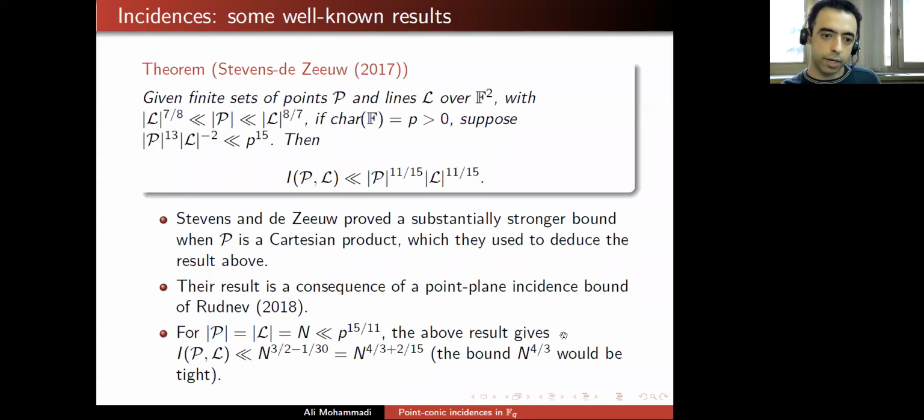And there are a serious number of applications for such a result. So it's very desirable to improve this. Also, the point-plane incidence bound of Rudnev. It was as part of this project that we realized this point-plane incidence bound of Rudnev also works best around where the plane set and the point set have about the same size.